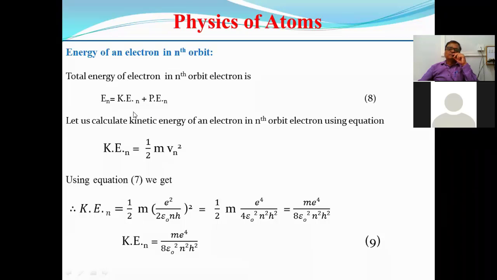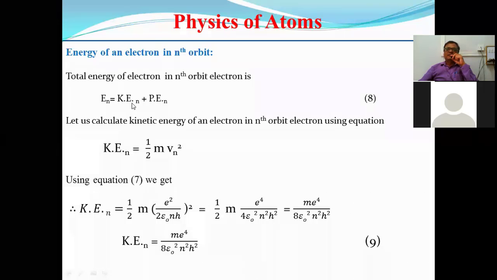Total energy of electron in the nth orbit is equal to kinetic energy plus potential energy. Now let us start with the kinetic energy. Let us calculate kinetic energy of electron in the nth orbit.